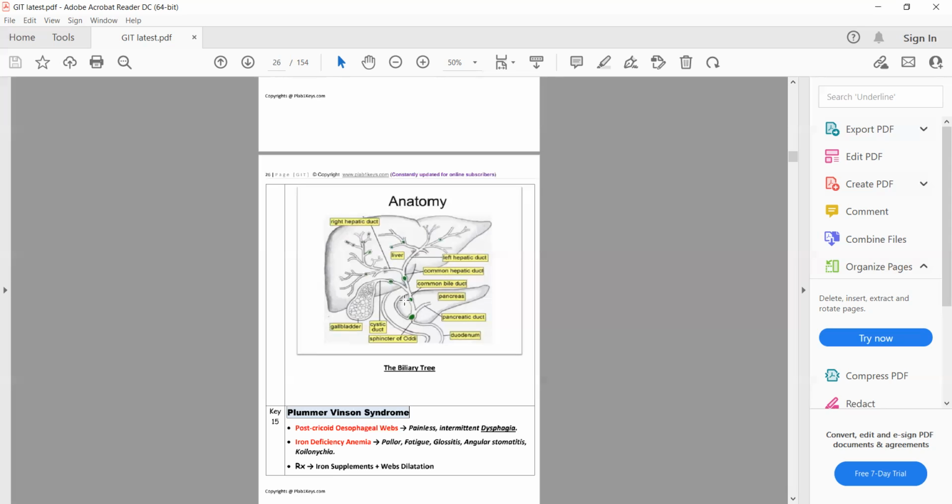So asymptomatic gallstones: reassurance. Symptomatic gallstones: laparoscopic cholecystectomy within 1 week of diagnosis. And common bile duct stones, either symptomatic or asymptomatic, need treatment with laparoscopic cholecystectomy or ERCP.